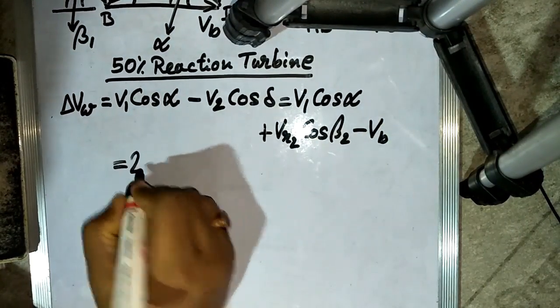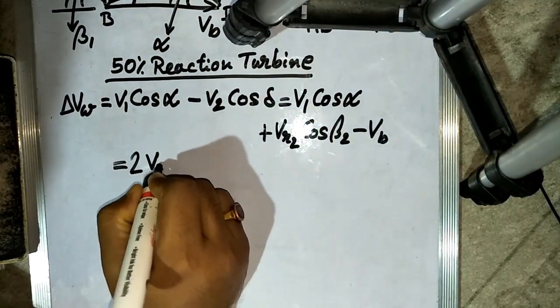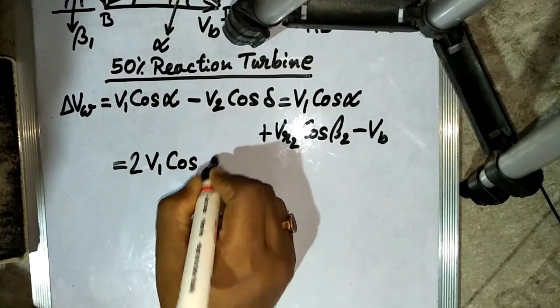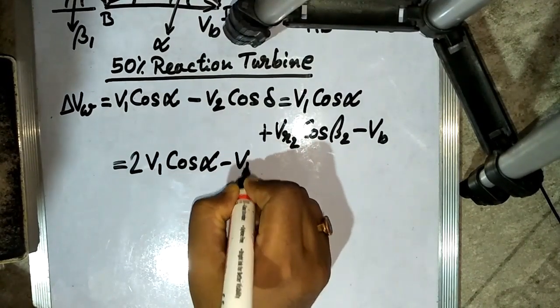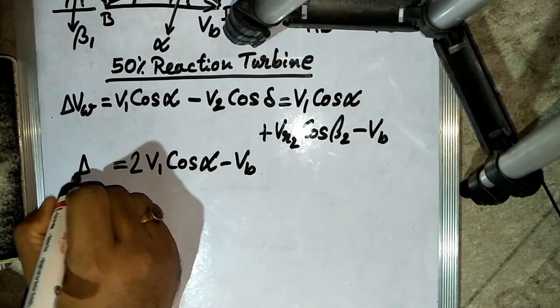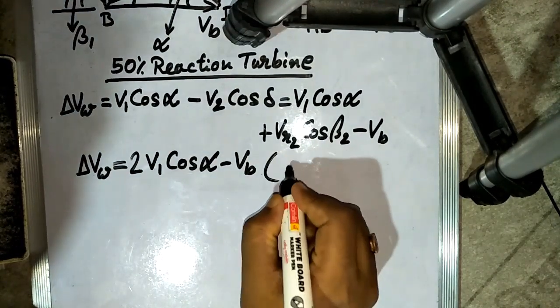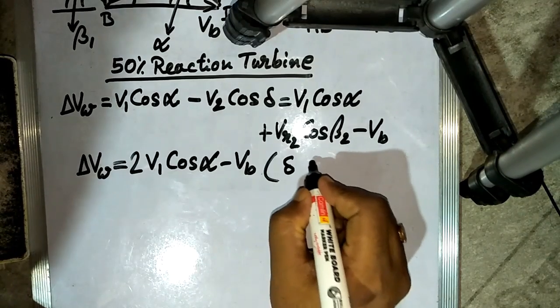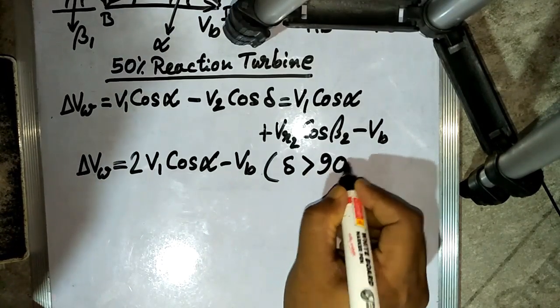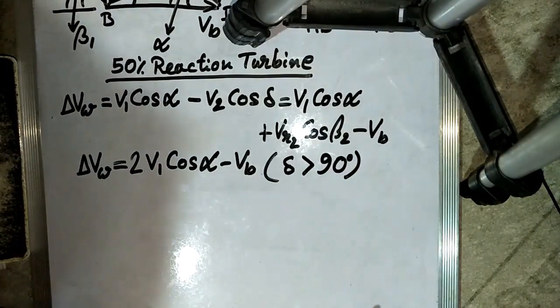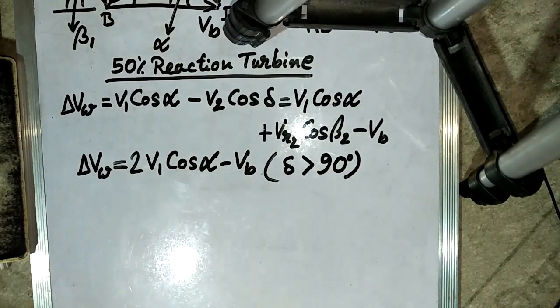So we can write 2(V1 cos alpha minus Vb) equals ΔVω, and this value occurs for delta greater than 90 degrees. So this is the value of ΔVω.